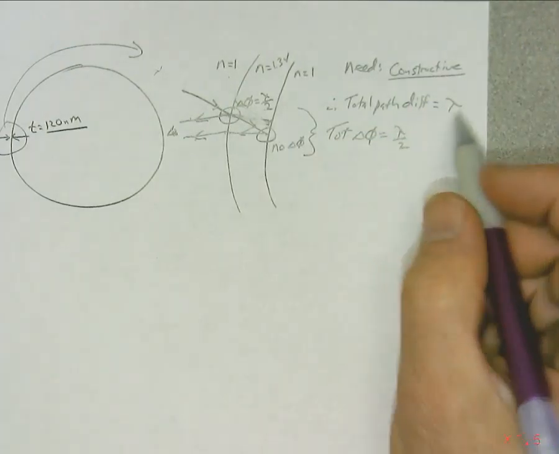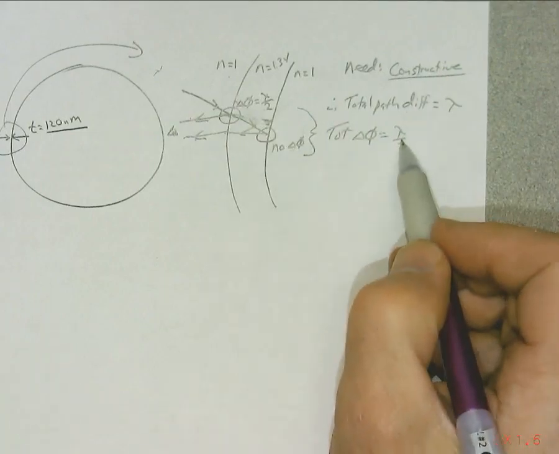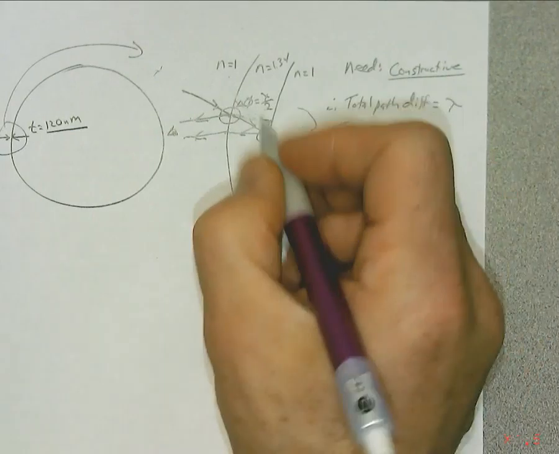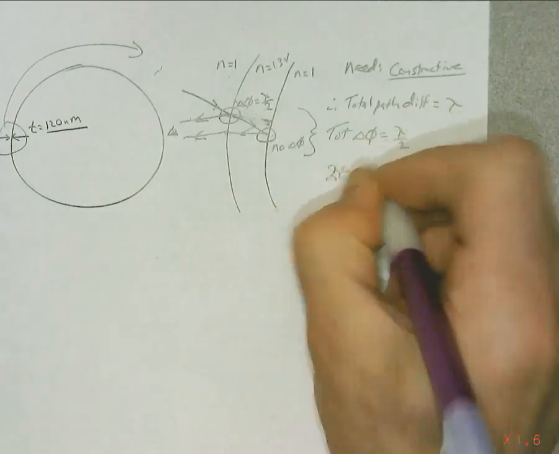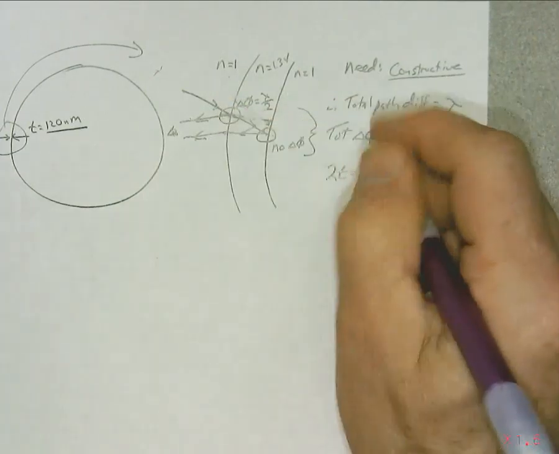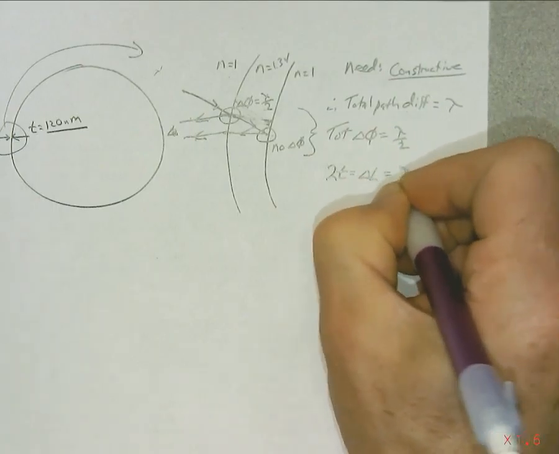Well, we need a total path difference of lambda. We have a phase change of lambda over 2. So what is the path difference got to give us? The 2t, the twice thickness path difference, you could say that's delta L if you want, has to be lambda over 2.